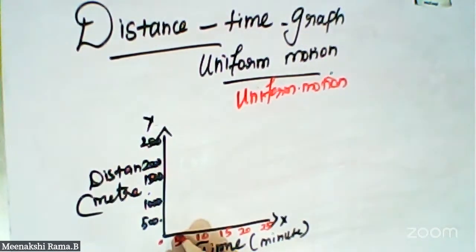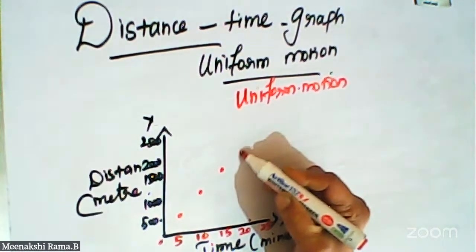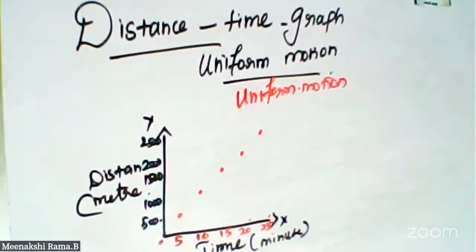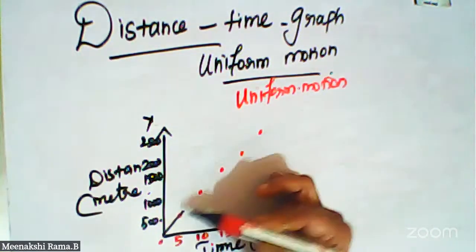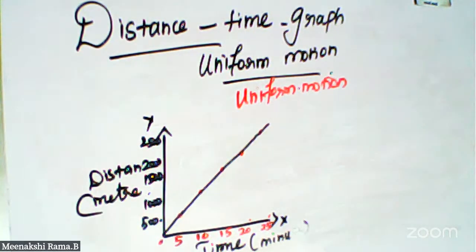First, in the 5th minute he crossed 500 meters, then in the 10th minute 1000 meters, in the 15th minute 1500, in the 20th minute 2000 meters, and in the 25th minute he crossed 2500 meters. Okay, so now I join the points. Yes, we got a straight line. So we got a straight line only.